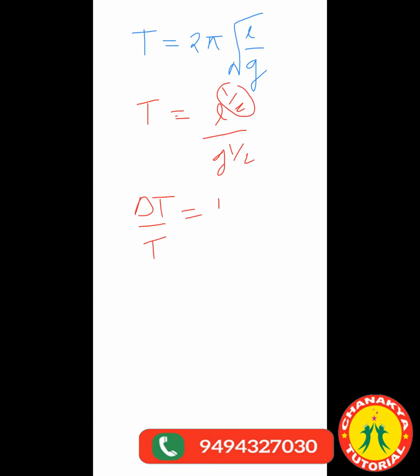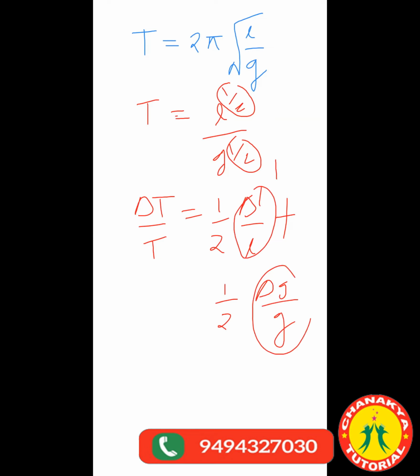Just bring it forward: 1 by 2 delta L by L plus, what is the power of G? 1 by 2, so 1 by 2 delta G by G. Now delta L by L is how much I have given? 1%. Just put 1 here. And delta G by G I said 2. So it is 1 by 2 plus 1. So it is how much? 1.5%. Okay, 1.5% will be the error in the time period.